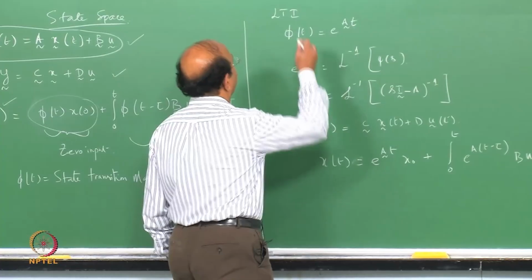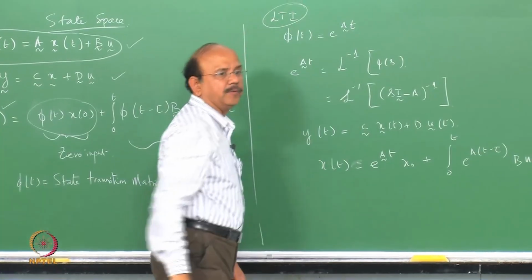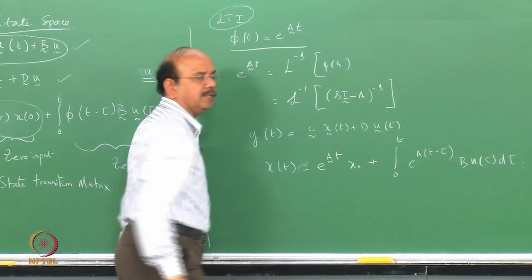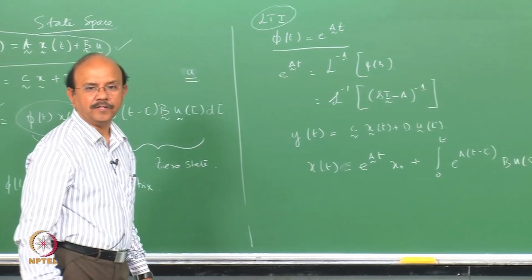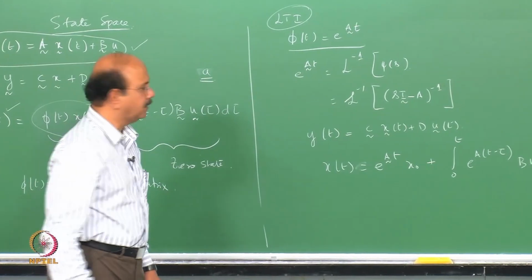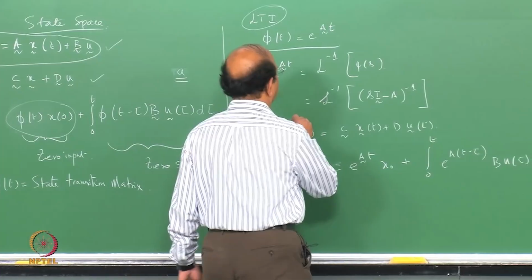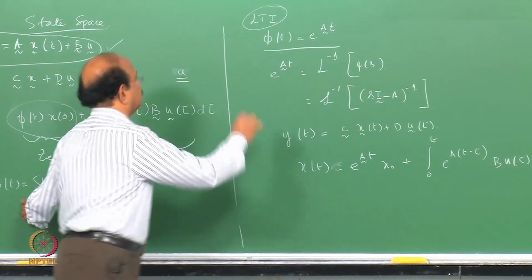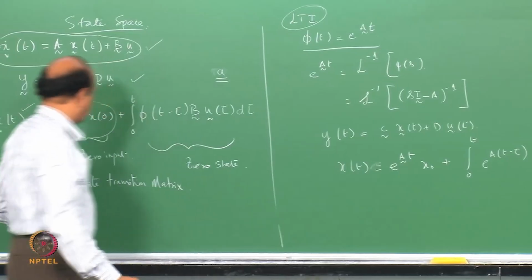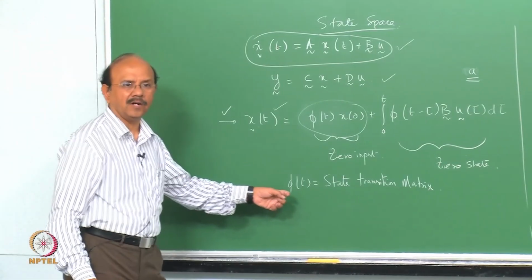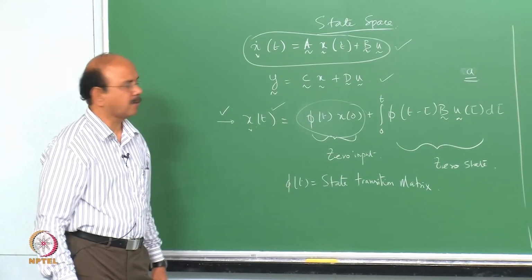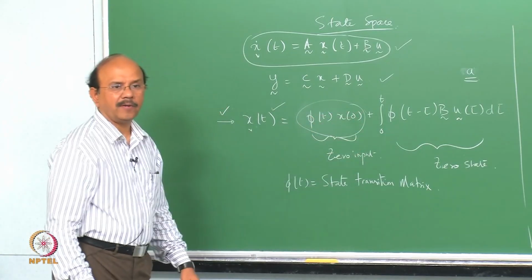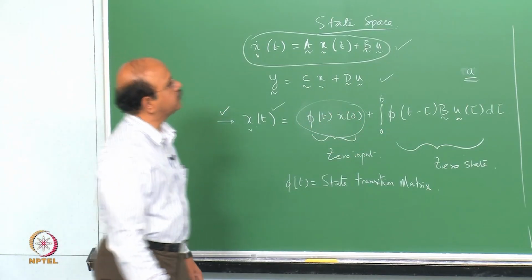And then we ultimately looked at the linear time invariant system, which is our system, and identified that e power A t is equal to phi of t, and determined also what we called the state transition matrix, as I had indicated here. It's called a state transition matrix because of how it participates in the expressions.